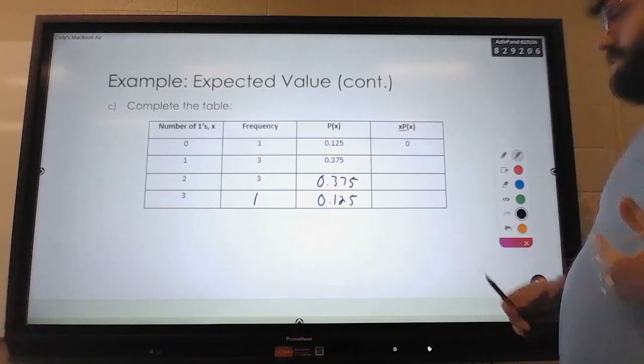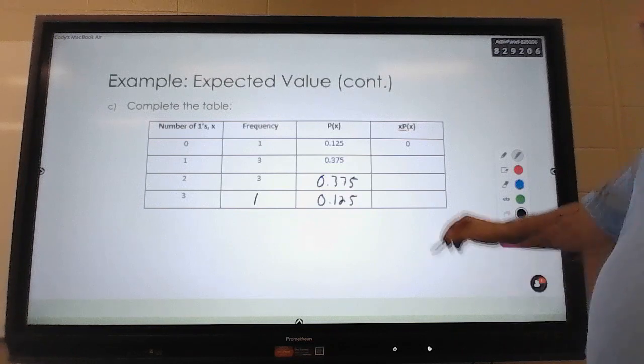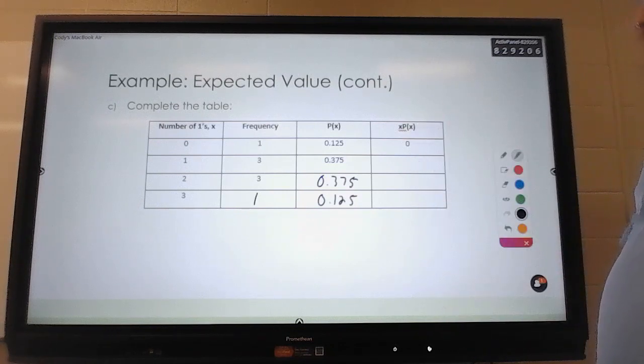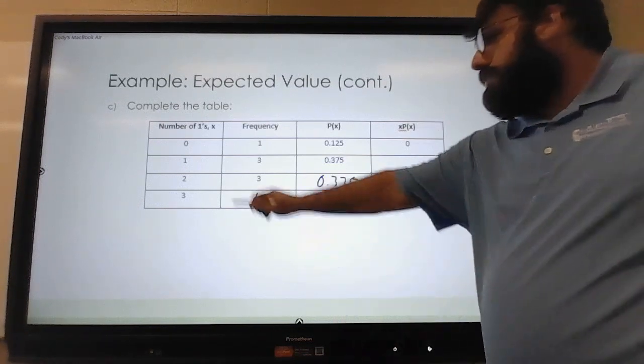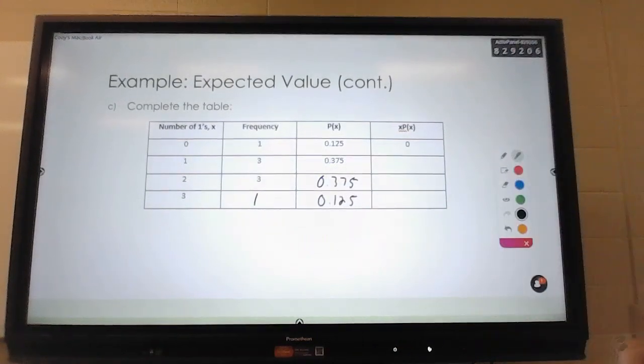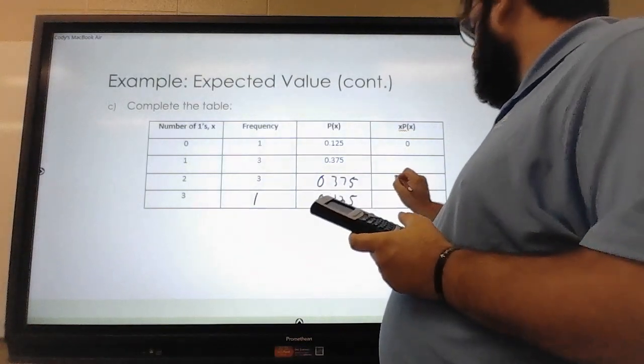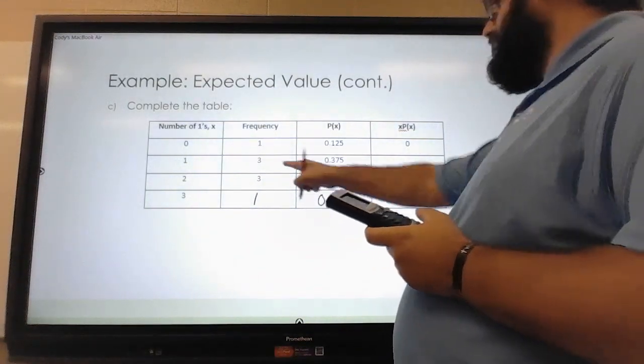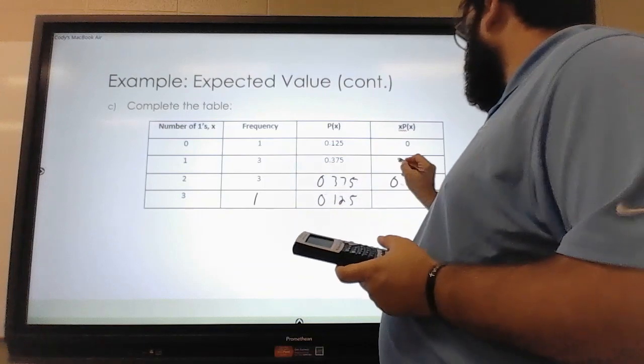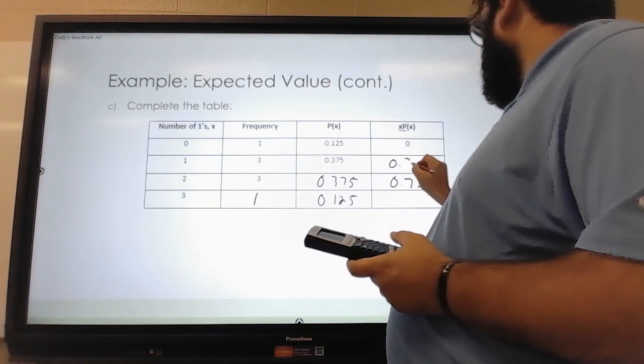Now, let's finish up this table by multiplying each value of x with its probability. So, it's 2 times 0.375. That's 0.75. Sorry, I forgot to count this one too. 1 times 0.375 is 0.375.